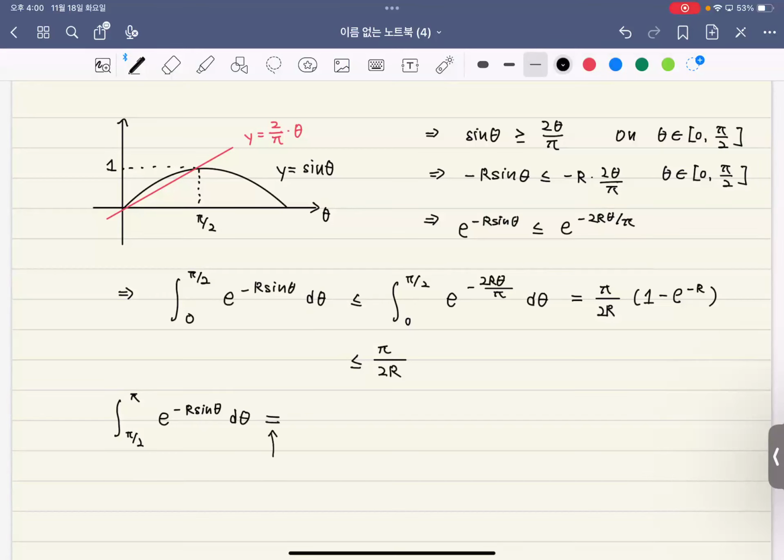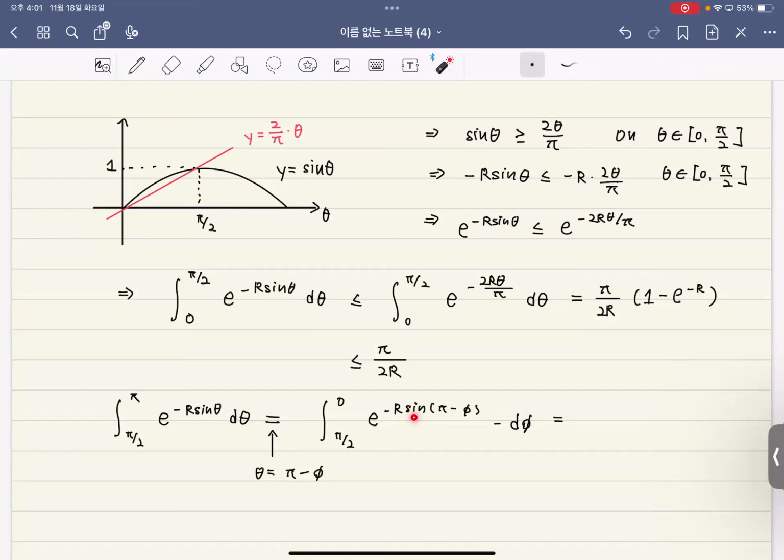On the other hand, I want to use a little change of variables. I'm going to define another variable, namely phi, which is defined by theta is pi minus phi. So in this case, this is 0, and this is pi over 2, and e to the r sine of pi minus phi, and minus d phi.